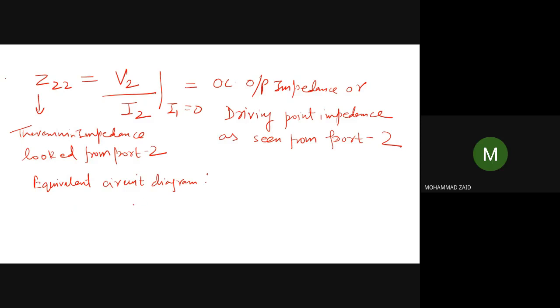If you remember correctly, again I am writing that V1 is equal to Z11 I1 plus Z12 I2, and V2 is equal to Z21 I1 plus Z22 I2. These are the two KVL equations for Z parameters.